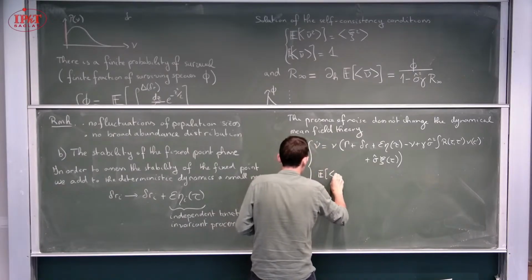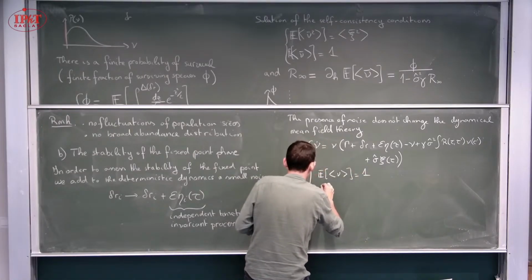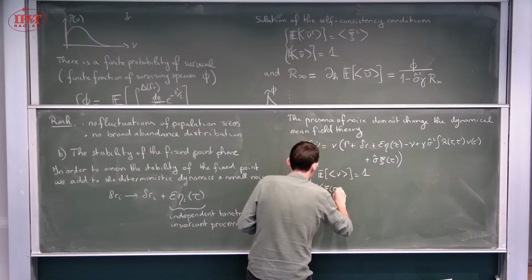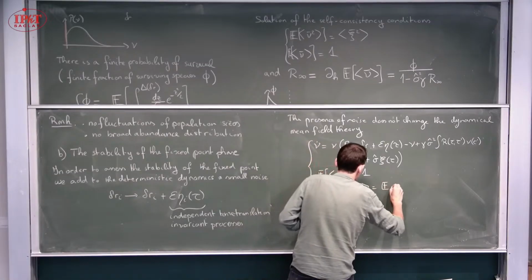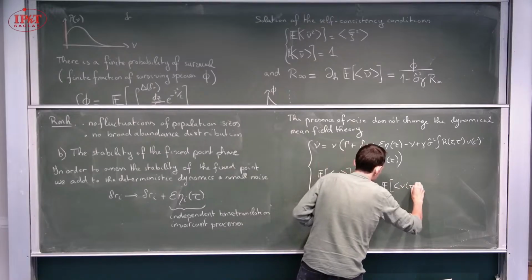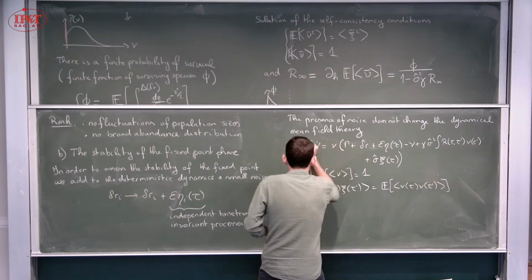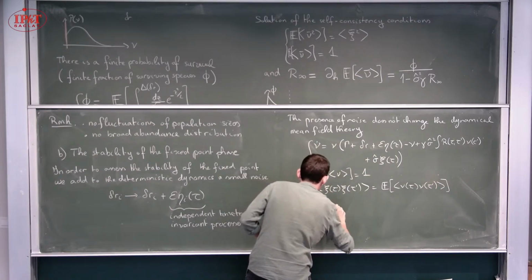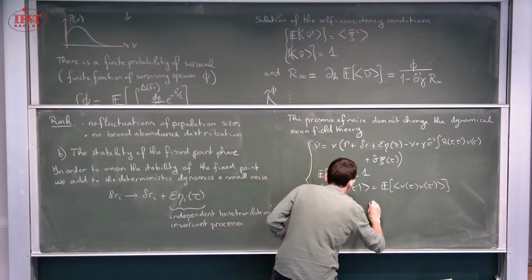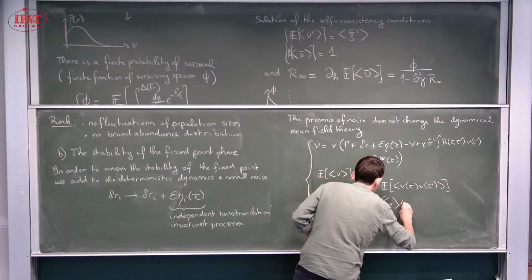I'm going to rewrite them here. The average is equal to 1. The correlation function of the noise is equal to the correlations of population sizes. And this is the response of the mean to a perturbation.